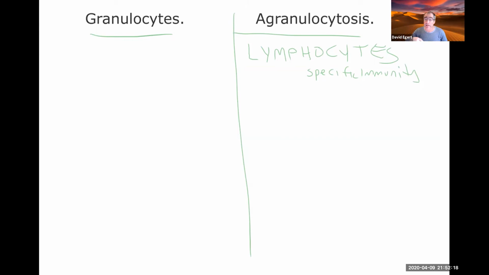The lymphocytes end up getting primed in order to recognize and attack very specific things. If we ever find a COVID-19 vaccine, it's going to be stimulating these cells in your body to recognize the novel coronavirus.